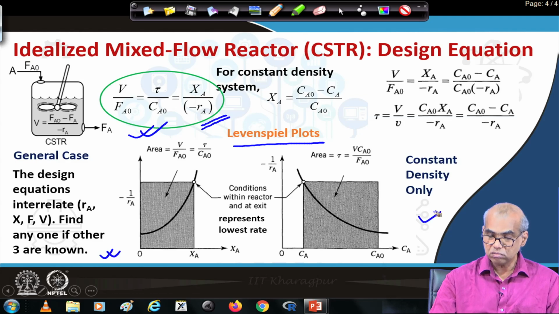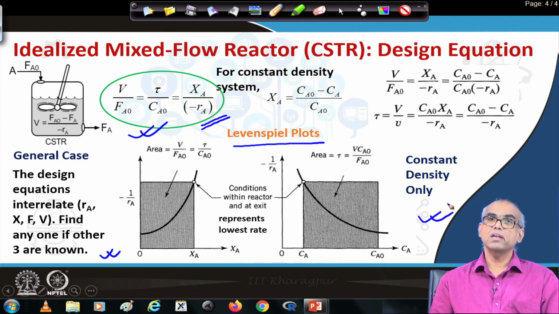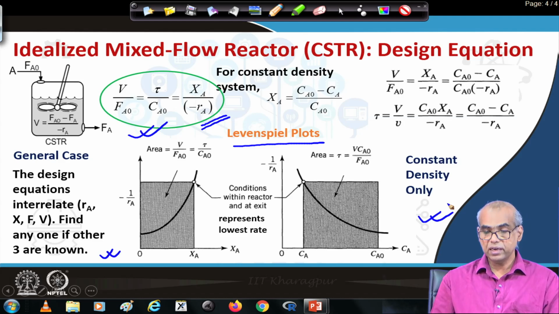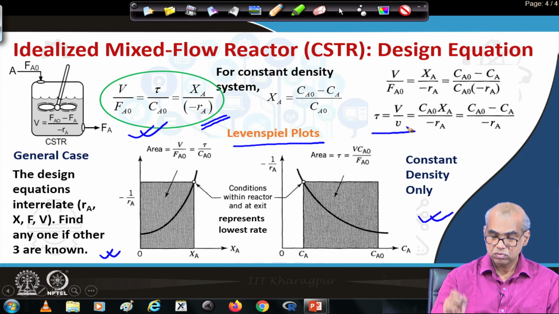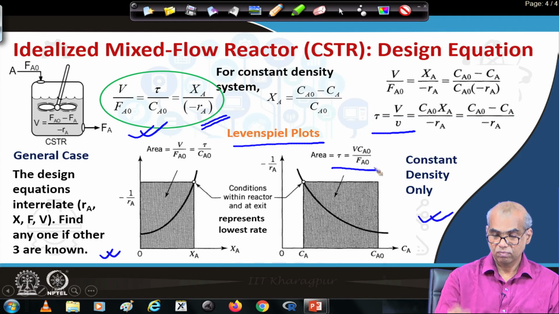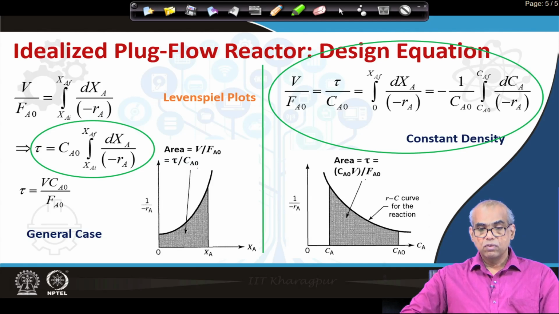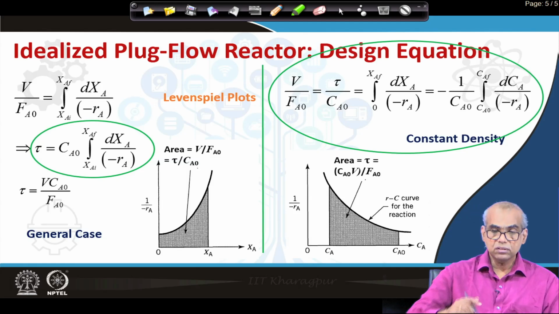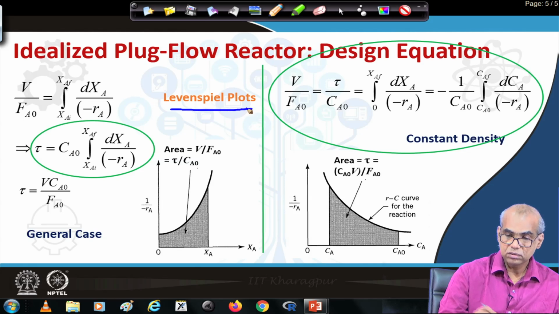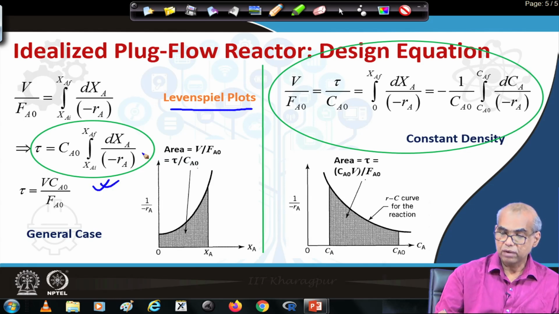The plot can also be drawn for constant density case between 1 by rA versus concentration Ca, and the shaded area is the residence time tau, which is V Ca0 by Fa0. Finally, this is the design equation and the Levenspiel plot for the plug flow reactors.